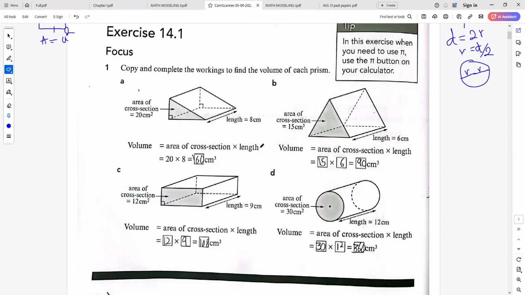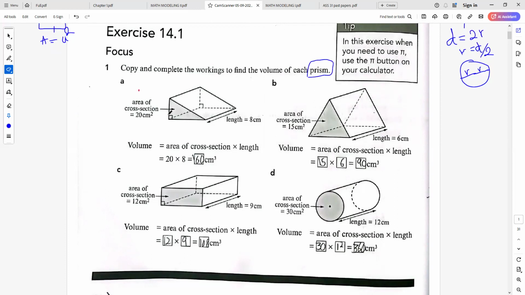It might be even a circle. So this is also a prism, but the specific name that we give for this type of prism is cylinder. That doesn't matter. Typically all are prisms, so prism is a common name.